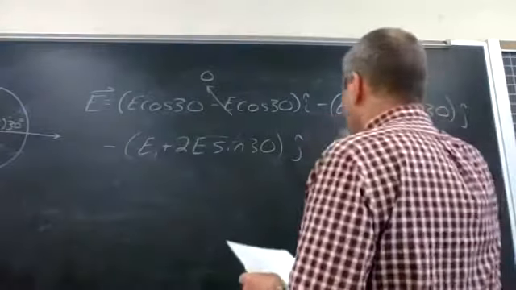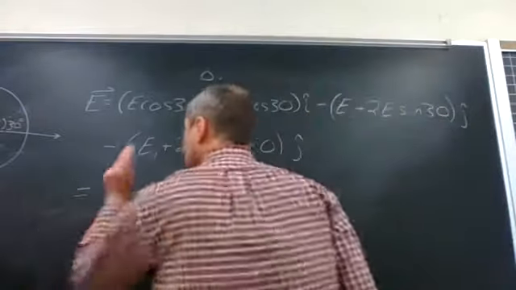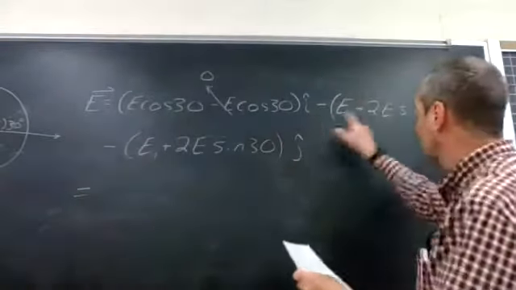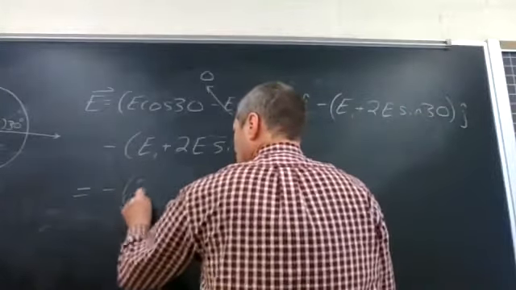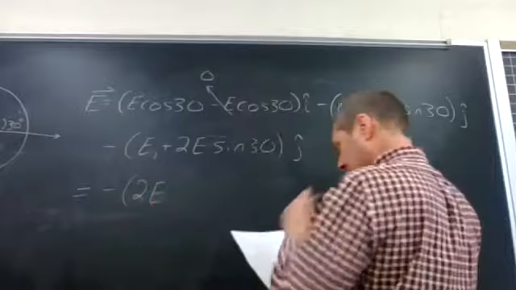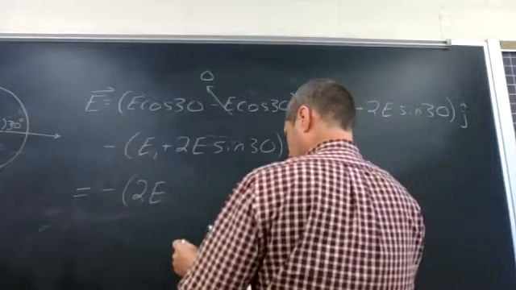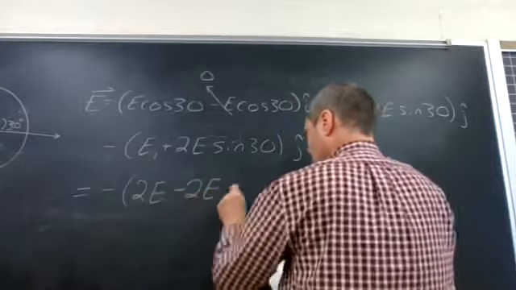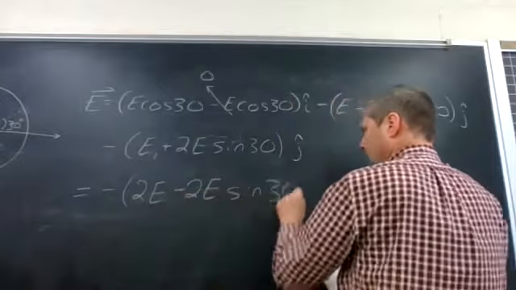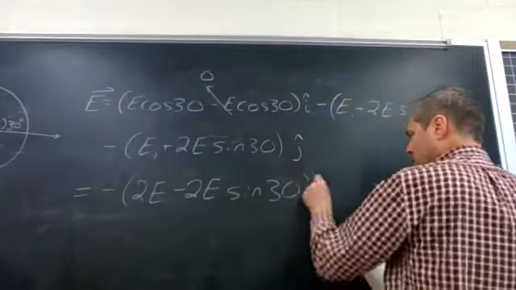We have two of them, so now this equation becomes minus 2e sine of 30 degrees J.